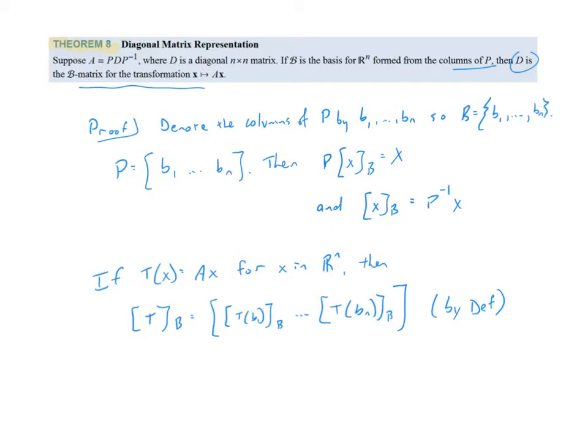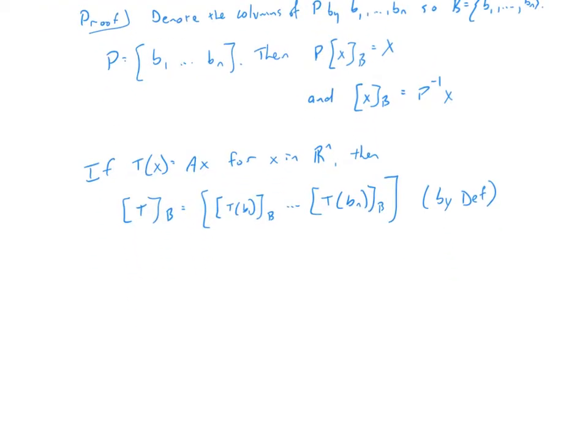Okay. So then we make a substitution. That is equal to A times b1 relative to B through A times bn relative to B, okay? And that is because since T of x is equal to A times x, the transformation just says multiply A by the vector.